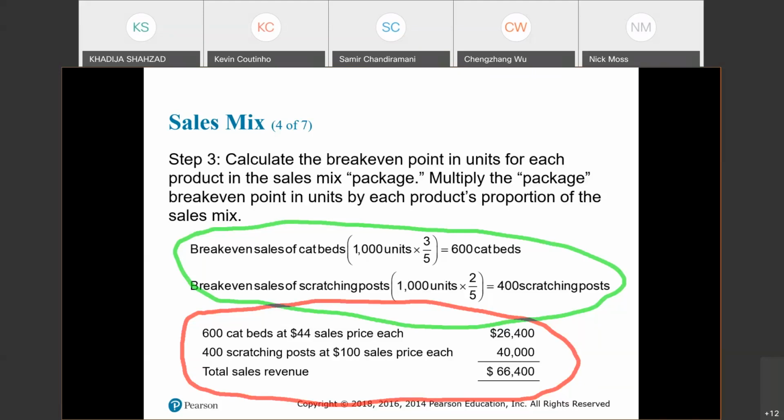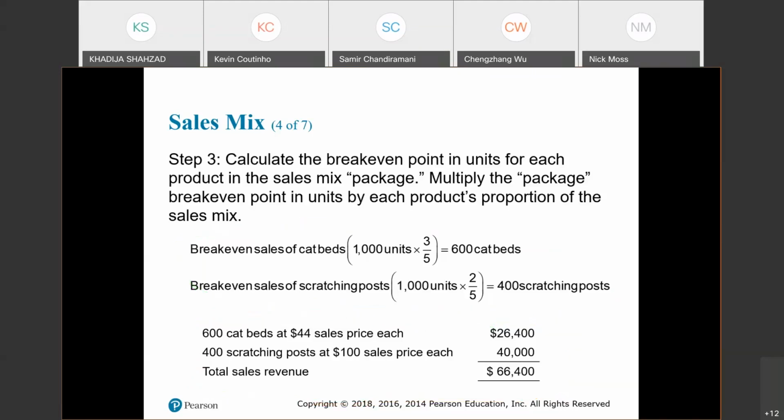So this is how we use sales revenue to see what happens if the company is selling more than one product in order to achieve its break-even point.